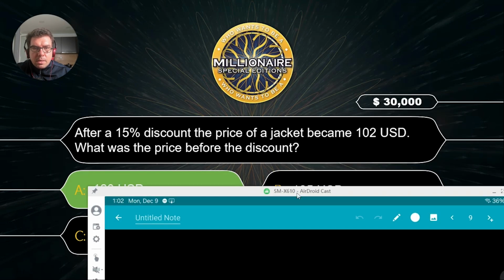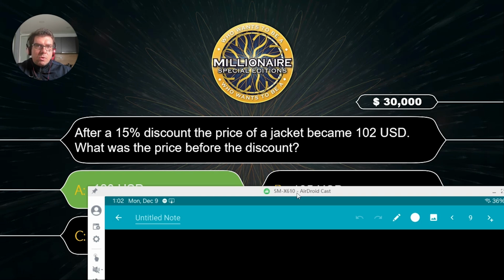If the discounted price is 15% less than the original price, this basically means that when we have the original price, which is 100% of itself, minus 15% discount, the discounted price represents 85% of the original price.